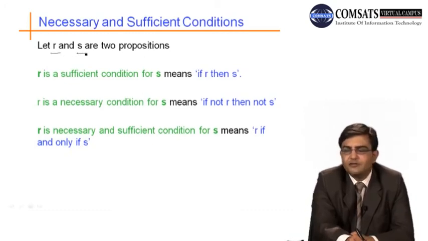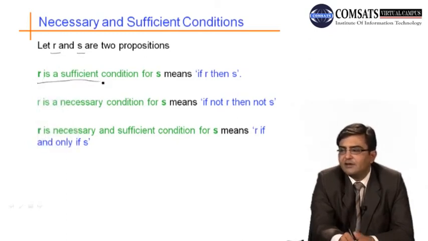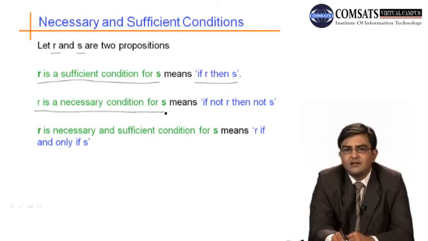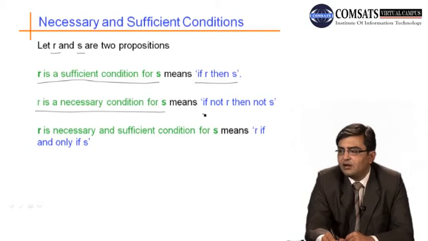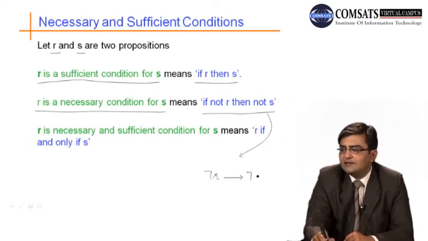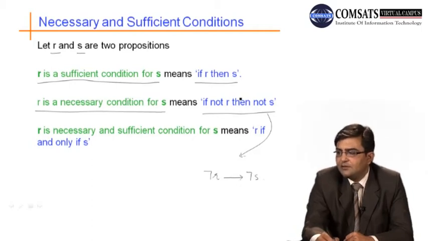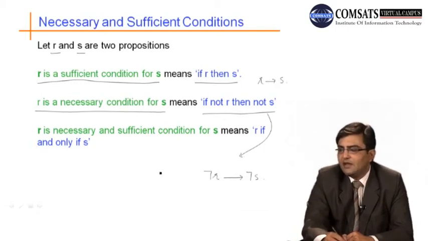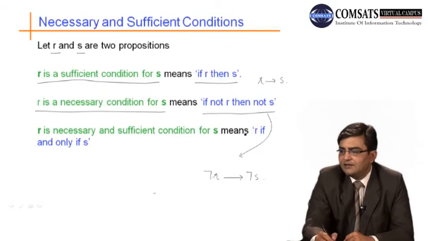If R is a sufficient condition for S, it means if R then S. But if we say R is a necessary condition for S, then we write it as if not R then not S, or if not R implies not S. In necessary condition, S implies R, and this is the sufficient condition R implies S.